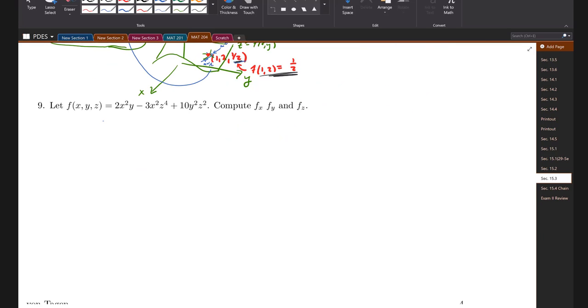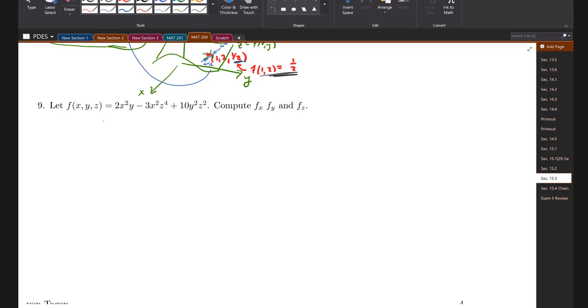I didn't give a definition for what it means to take the partial derivative of a function of 3 variables with respect to the third variable z, but I think you could probably guess what it is. So rather than giving it as a definition, we're just jumping right into it. Here we go.